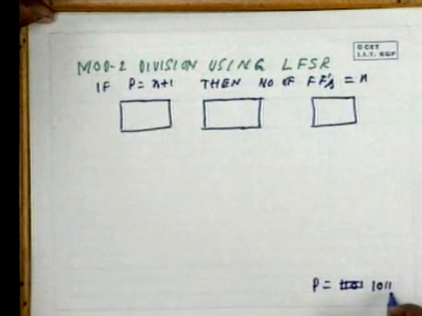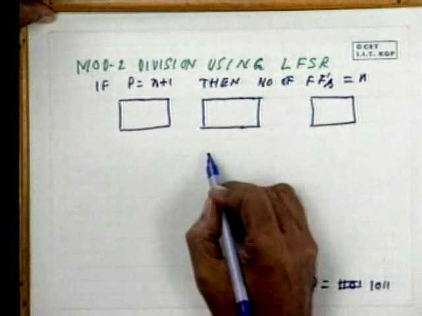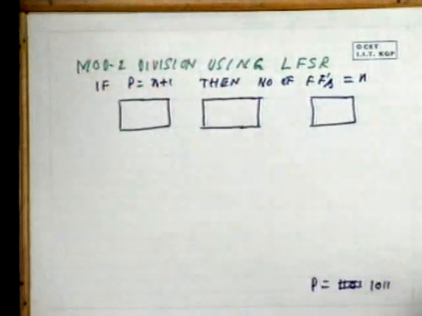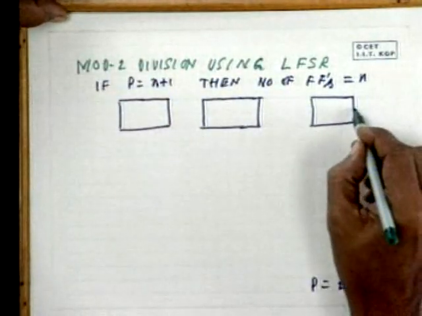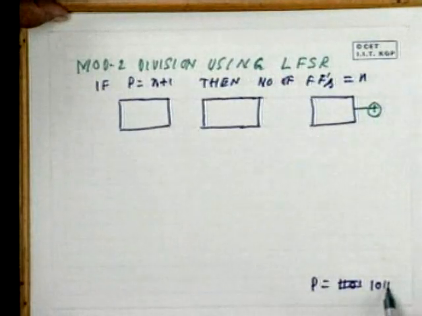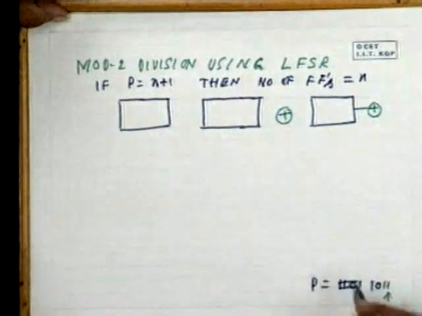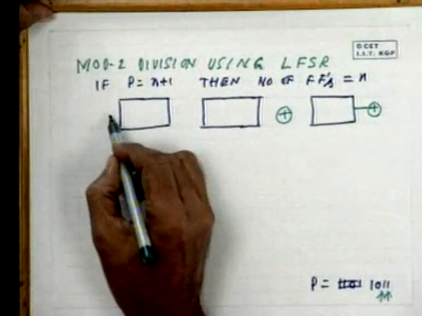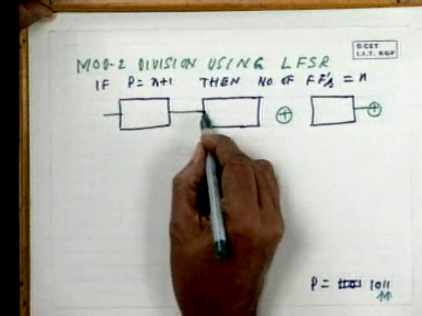So corresponding to this, what will be the linear feedback shift register circuit? What you have to do, you have to use exclusive OR gates here at this bit position and another here at this bit position, corresponding to this bit position. And then since 0 is here, there will be no feedback in this case.